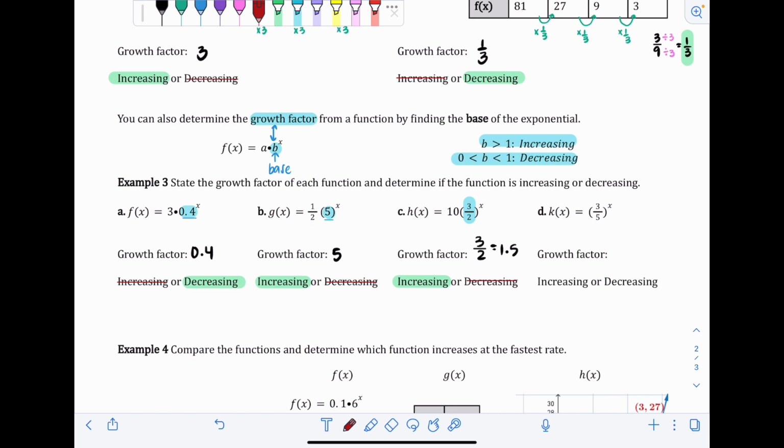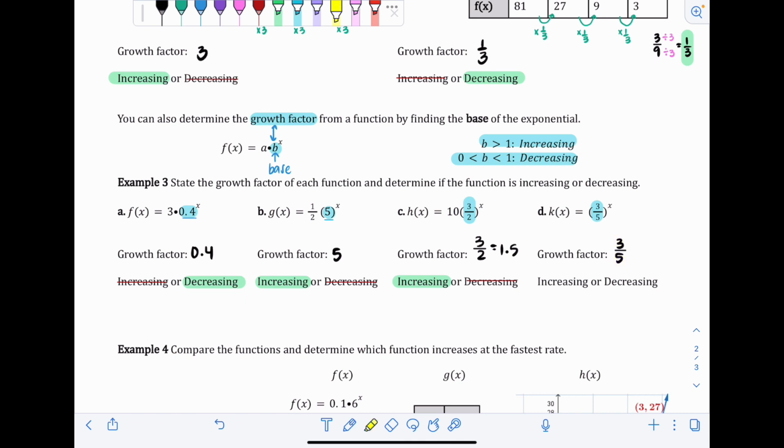And then for d, k of x equals 3/5 to the x, so we have to find our base. Our base is 3/5. That's the number being raised to the x power, so that's the same thing as our growth factor. And our growth factor is 3/5, which is a fraction with the numerator smaller than the denominator, meaning the number on top is smaller than the bottom.